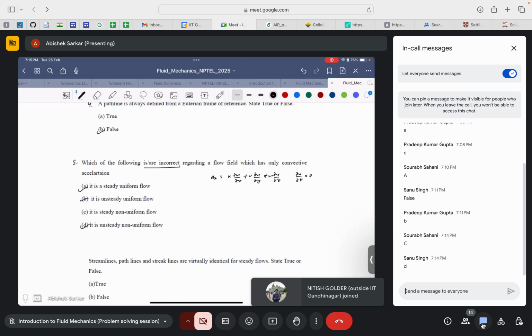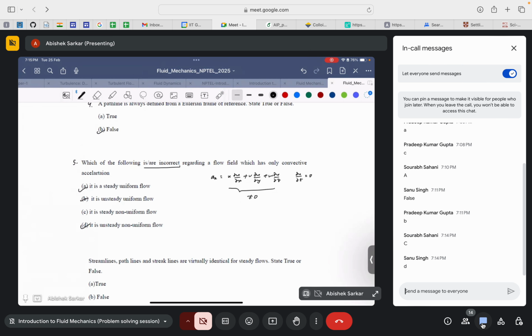So the first one is not feasible, so it is incorrect. The second is unsteady uniform; the first word itself says unsteady, so this is not possible and is incorrect. Option D is unsteady and non-uniform; again the first word makes it incorrect. So the only correct option is C, that is steady and non-uniform.